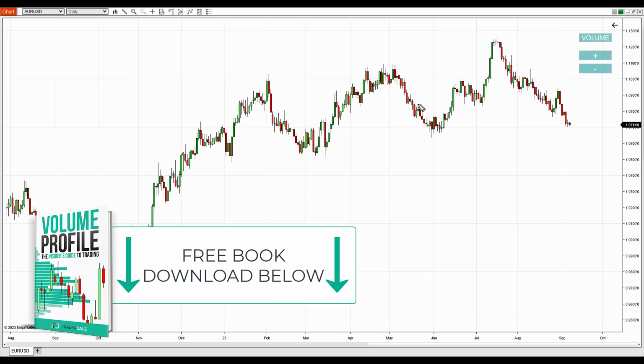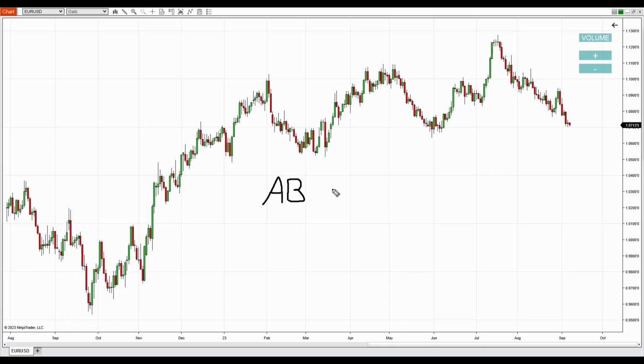Now let me show you on a quick example. The pattern is called ABCD, like this, AB equals CD, because it consists of 4 significant swing points.